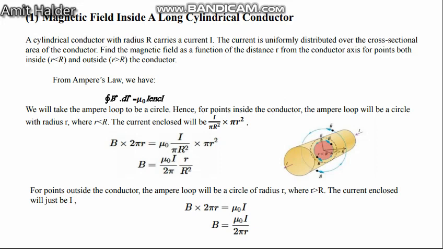There is a math where we have to use Ampere's circuital law to find out the magnetic field inside a long cylindrical conductor, which we have seen here. So from Ampere's law, that is the I enclosed, that is not ENCL, you have to understand.